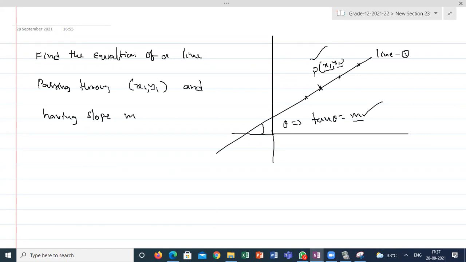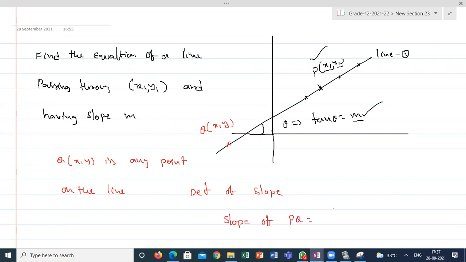Simple. I take one unknown, random point Q, which is (x, y), where x is anything. So Q (x, y) is any point on the line. According to the definition of slope, the slope of PQ is equal to (y minus y1) by (x minus x1), or you can write it as (y1 minus y) by (x1 minus x).